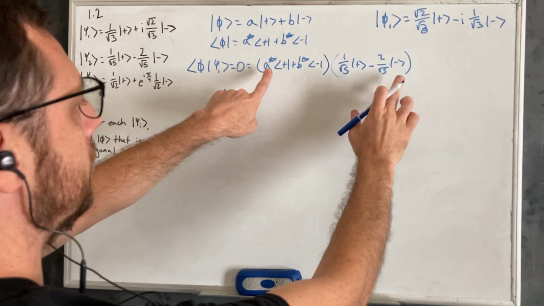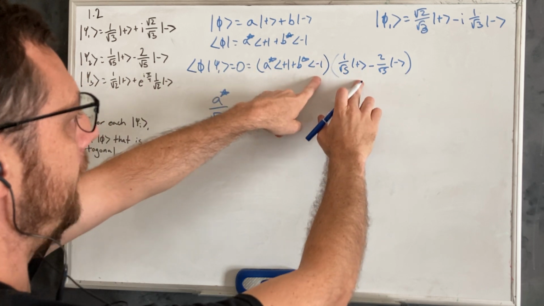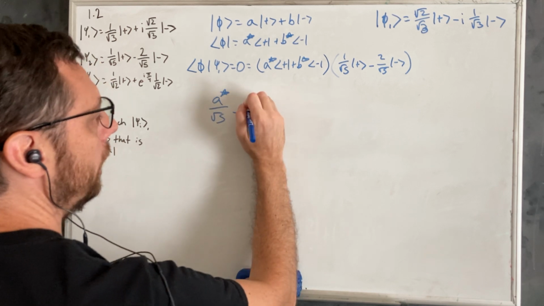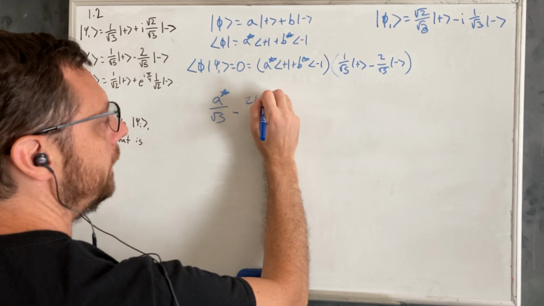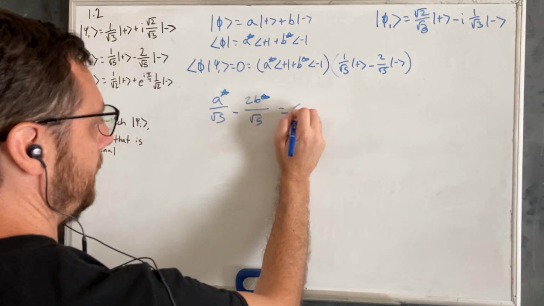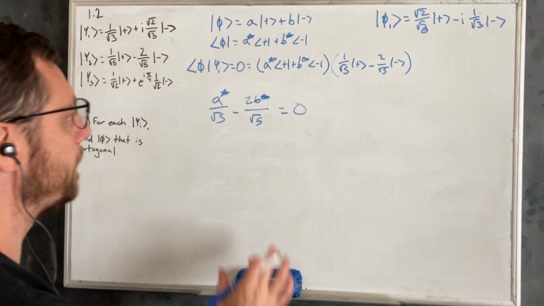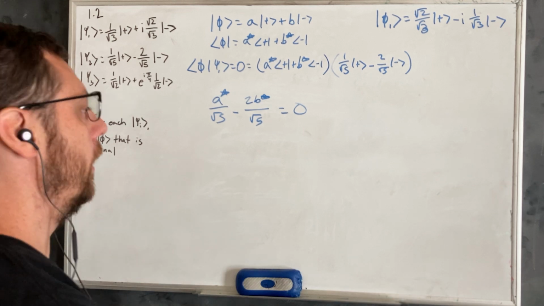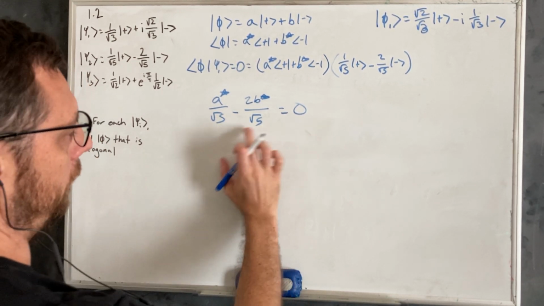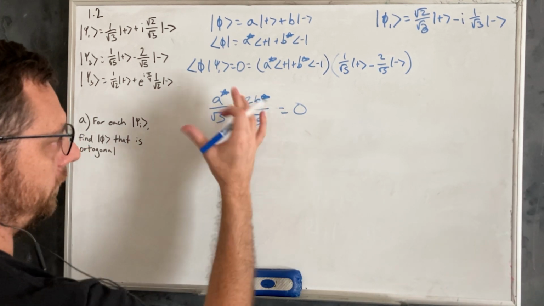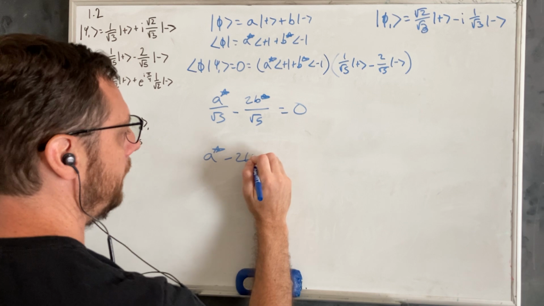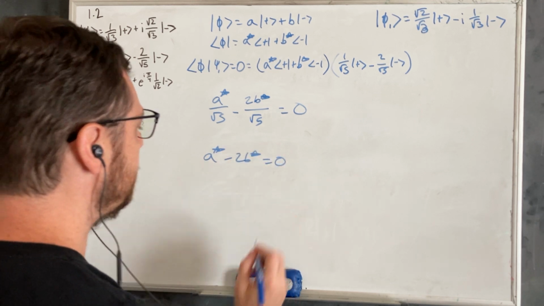Plus minus cancel, minus plus cancel, and then we have our minus 2b star over root 5. And again, it's going to be equal to 0 to make it orthogonal. Multiply our root 5 across both sides, and we do that because root 5 times 0 is still 0 and just makes it easier. So a star minus 2b star equals 0.